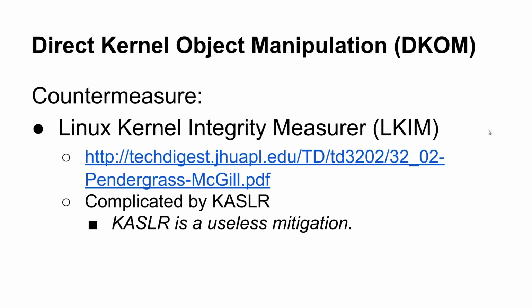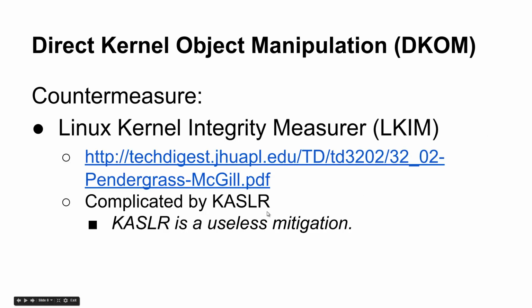That's assuming there's no randomization in the kernel and these things are static. And then going through periodic times and ensuring that the integrity of these objects is still intact, and raising flags if it is not.